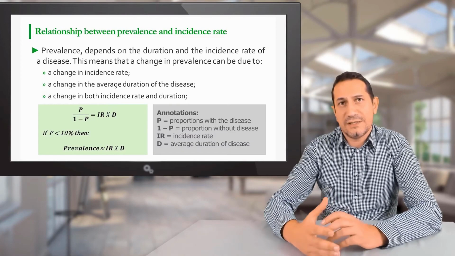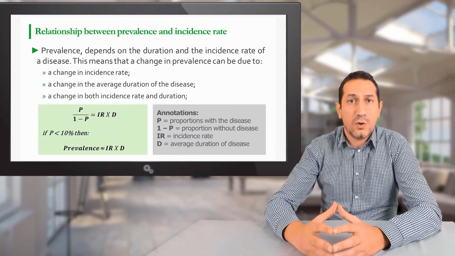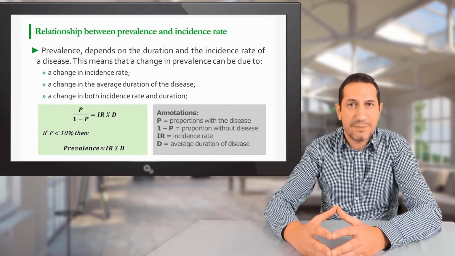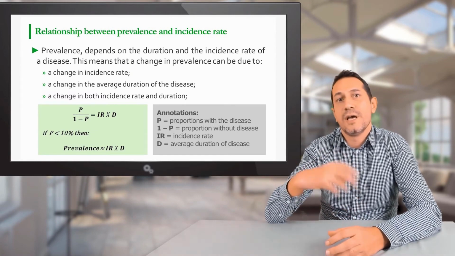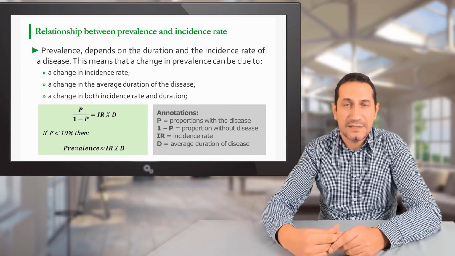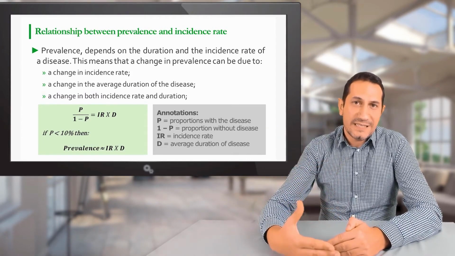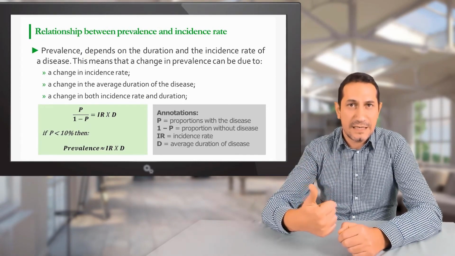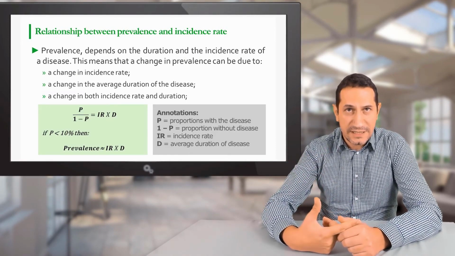But as we said, the relationship, apart from the duration, is also with the incidence rate, because prevalence depends on the incidence rate: the more new cases pour into the population, the higher the prevalence. So the prevalence basically depends on two factors. One is the incidence, and the other is the duration of a disease.